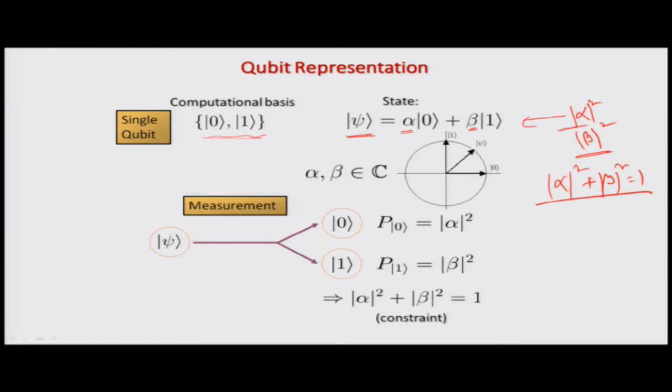When you make a measurement, it will give rise to either 0 or 1 with the probability represented by their individual amounts, and that is always the final constraint when you are looking at the qubit representation.